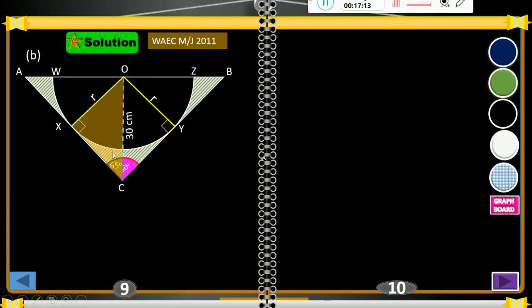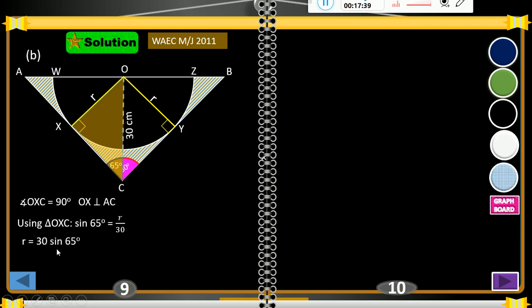This is perpendicular to this, and the hypotenuse is 30. So therefore, angle OXC is equal to 90 degrees because OX is perpendicular to AC. Now using the triangle that is highlighted in the golden color, sin 65 is equal to R over 30. R is the opposite, 30 is the hypotenuse.